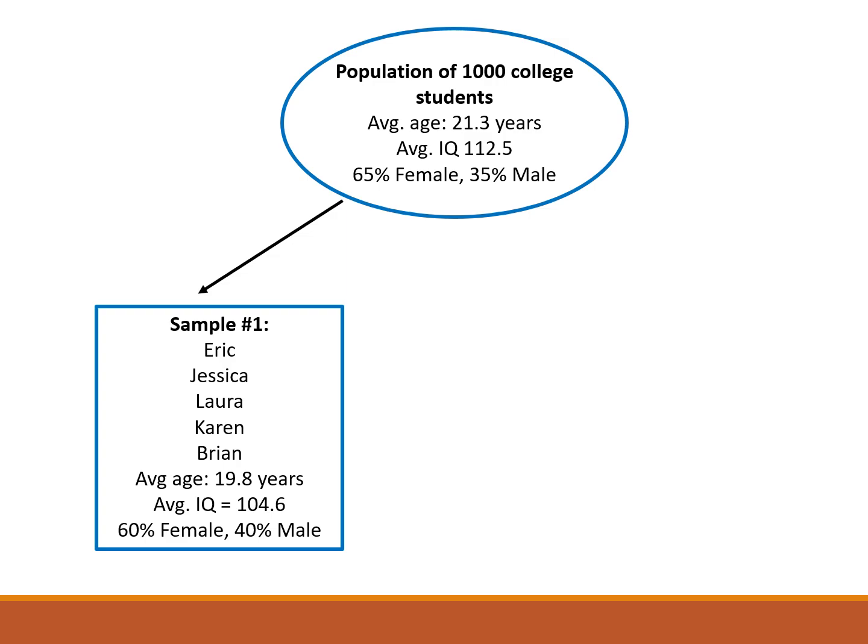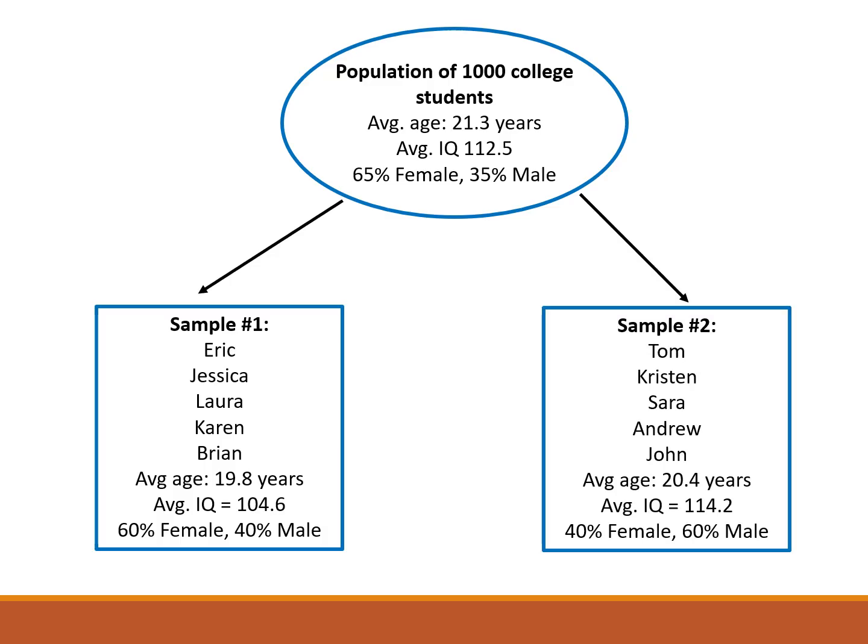We get Eric, Jessica, Laura, Karen, and Brian. Together, their average age is 19.8 years. They have an average IQ of 104.6. The sample is 60% female and 40% male. You can see that these numbers are close, but it's not an exact replication of the population. This discrepancy is sampling error.